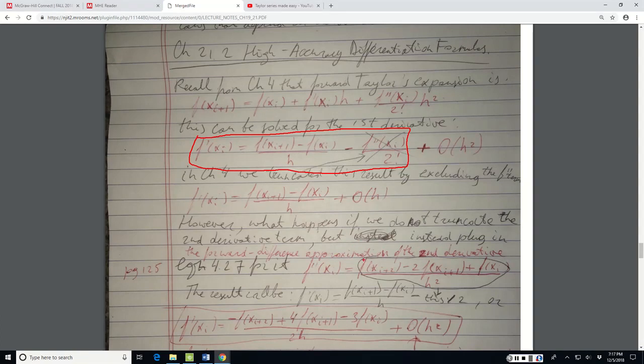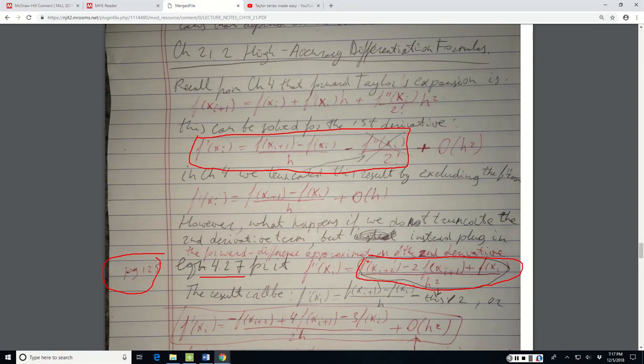So what you're going to do is take the equation for the second derivative from numerical methods. This was given to you in chapter 4, equation 4.27 on page 125.